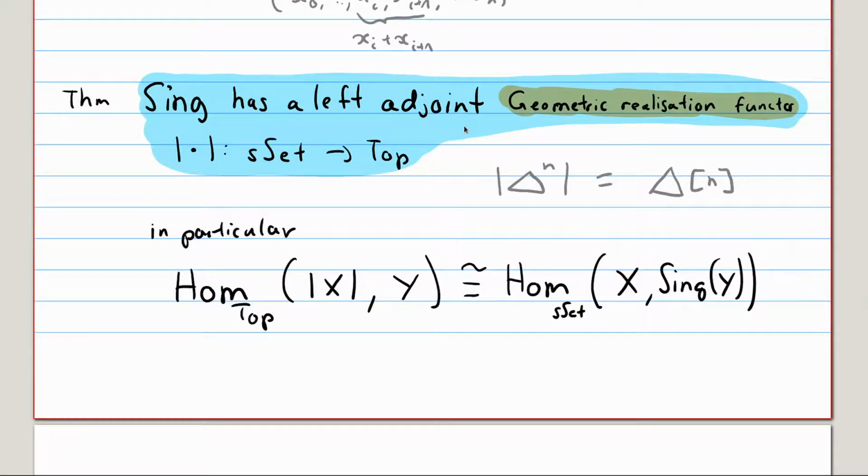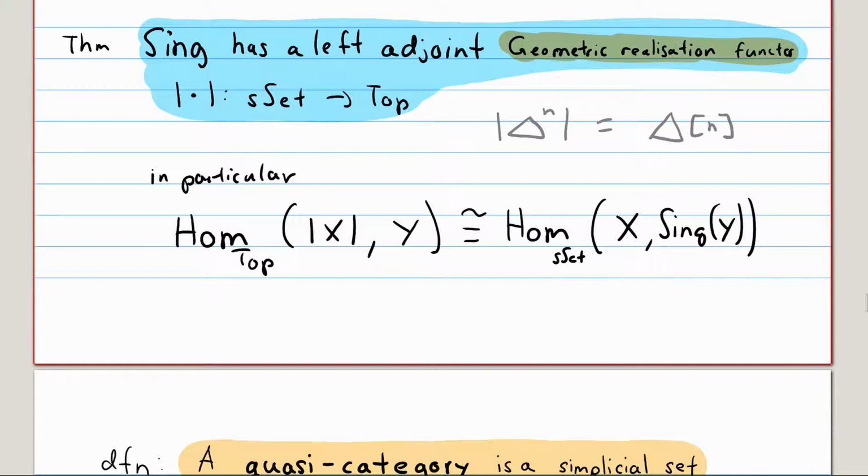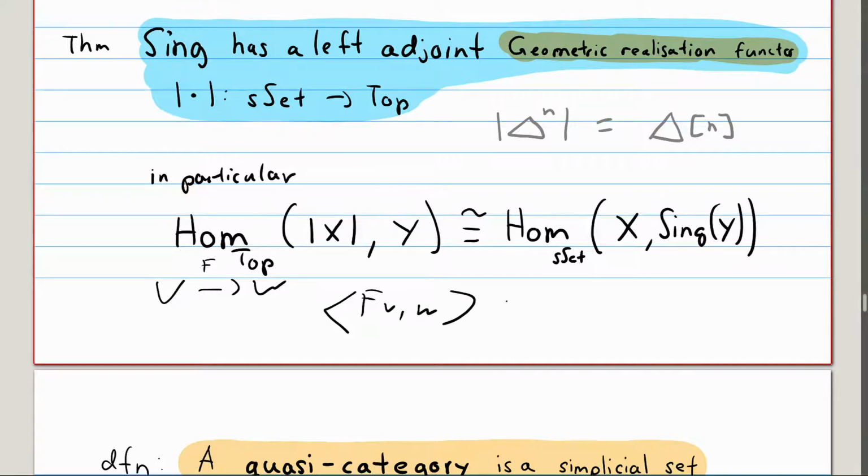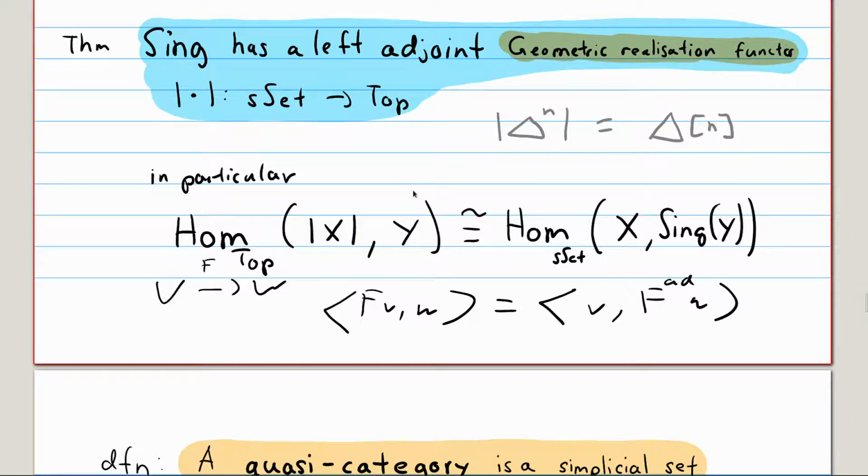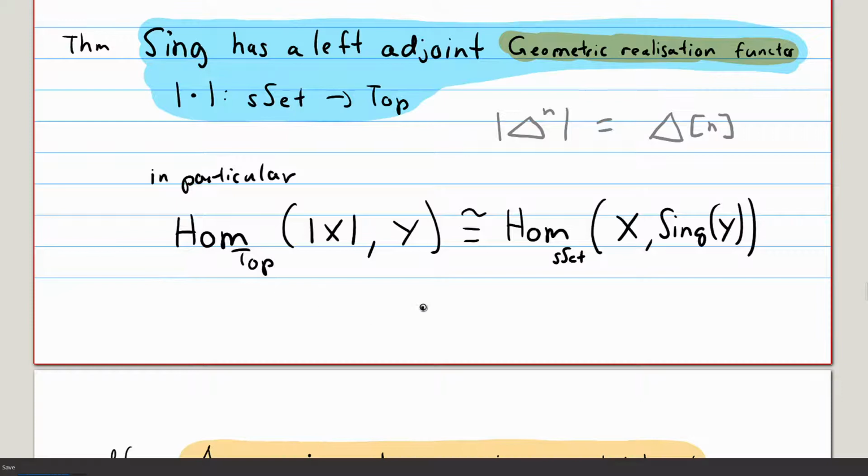If you know from linear algebra, if you've got vector spaces V and W, and a linear map F, then its adjoint is going to be the function such that <Fv, w> is equal to <v, F*w> for all v and w. So you can see some similarity between this condition and the fact that these are adjoint functors.